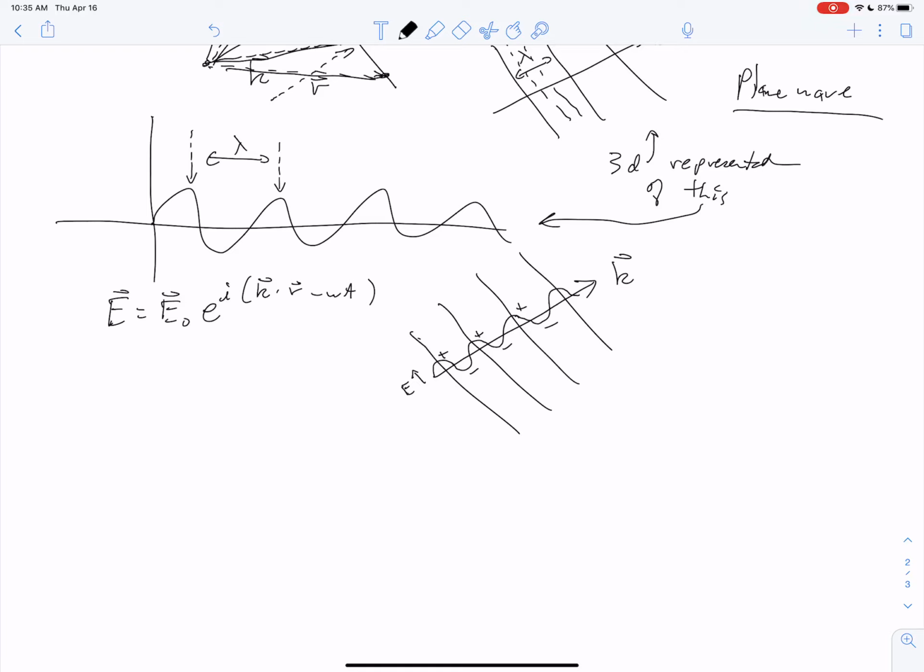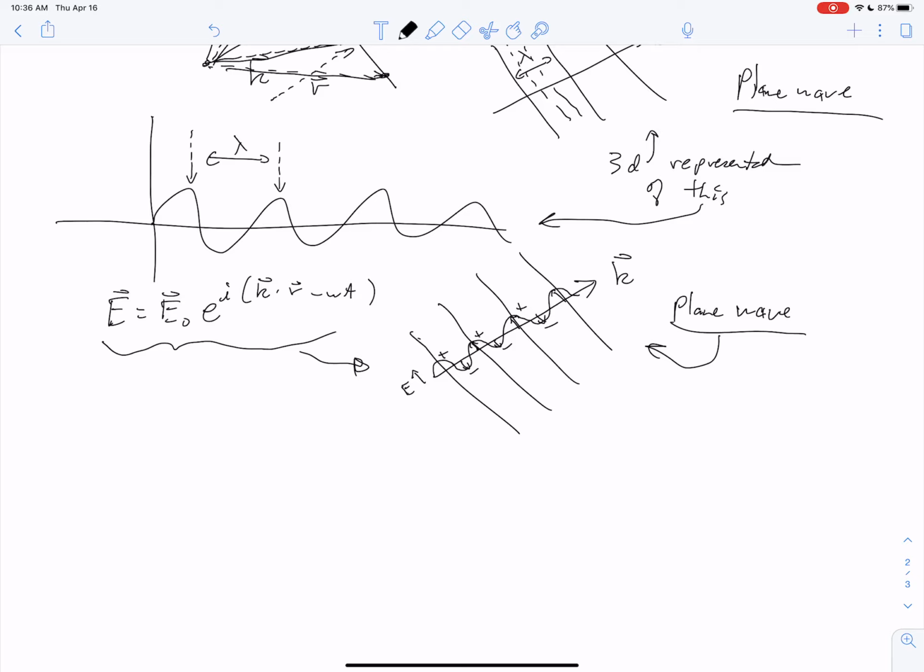So the electric field is oscillating. Here it's pointing down, here it's pointing up, down, up, down. This is the picture you should have in your head of the plane wave. It's very important that you understand the geometry, so that this is not just some crazy equation, it's a physical object. This thing is that thing. I think that really helps.